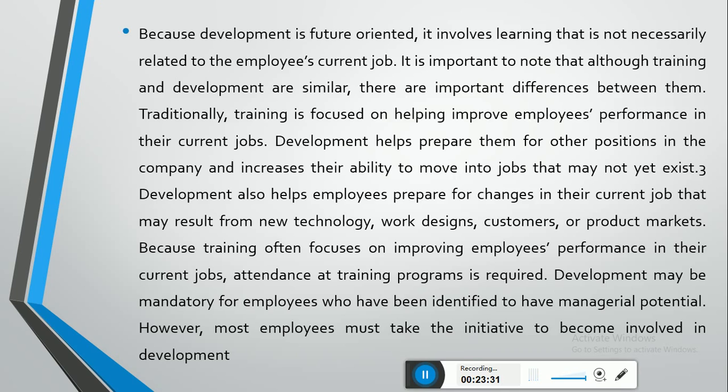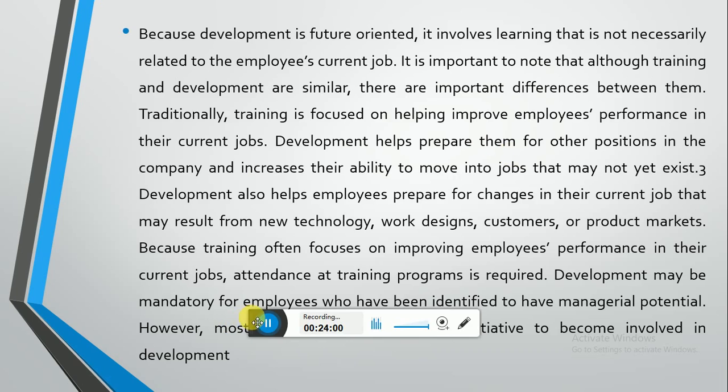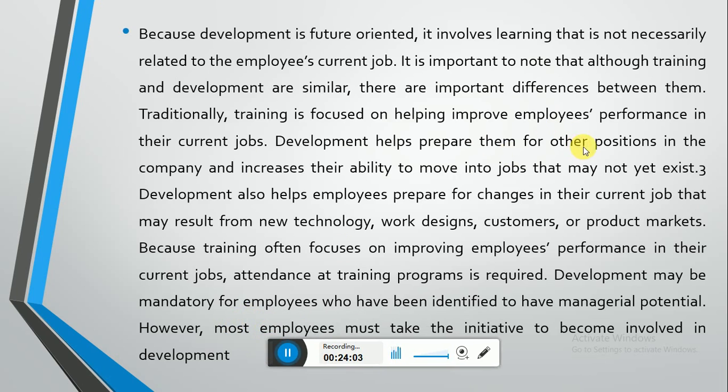They might plan that maybe in the next 5 years we need a person who is responsible for the Eastern zone manager. So that's why development will help you. Then they will be sure that this guy can run the company, this guy can easily manage the work, because they are providing you different types of development programs. So development prepares them for a position that might not even exist.